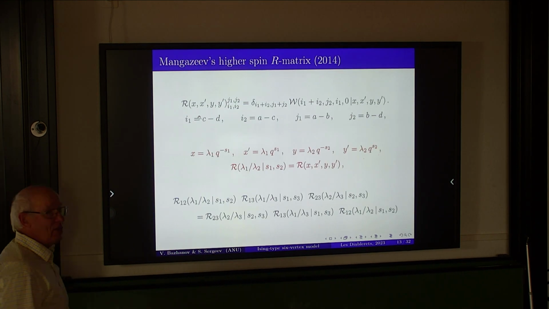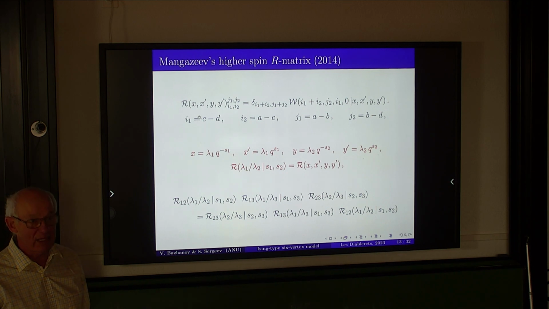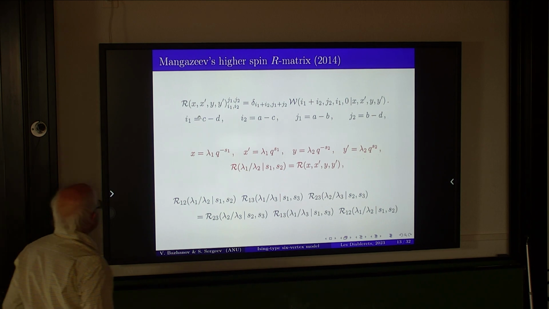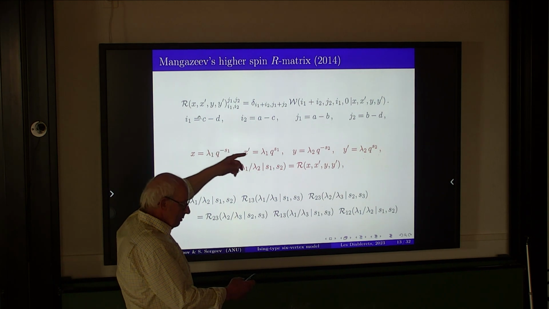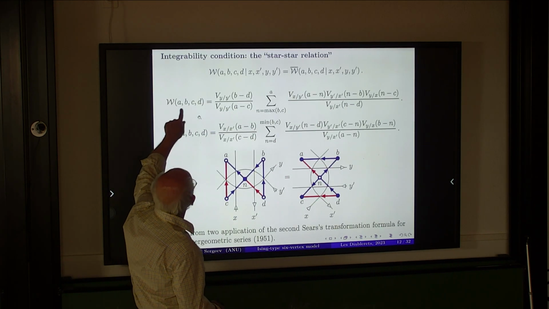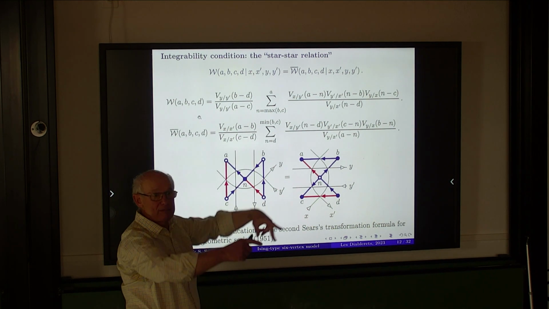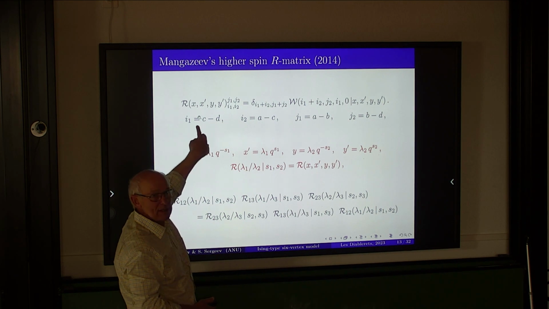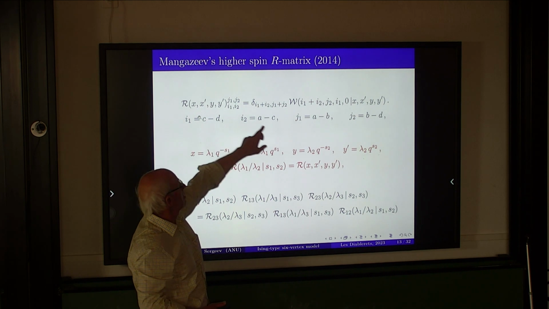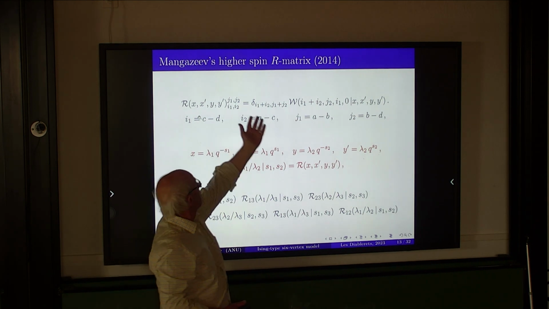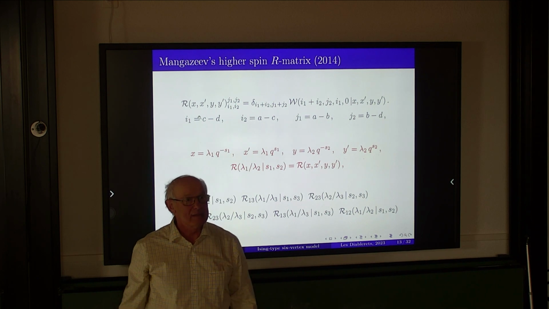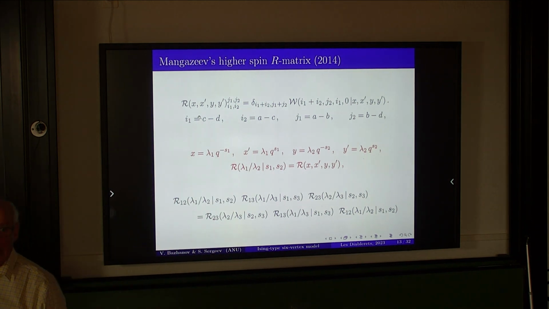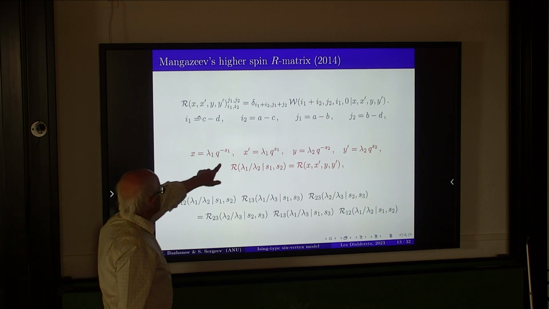Now I tell you how it is all related to Mangazeev's R matrix. You take our W, which I showed here. It depends on A, B, C, D, the corner spins. Now form the differences. Everything depends on the differences, and we take A1, A2, and that is our matrix, the high spin R matrix of the six-vertex model.